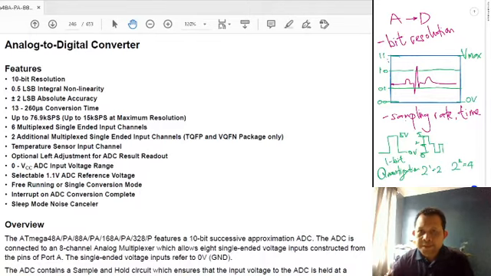So we can see how the voltage levels on the right are connected to the digital values. If it is 4 levels, let's say this is 5 volt.